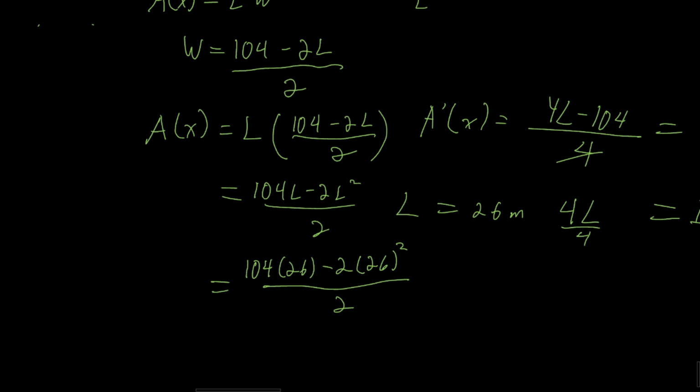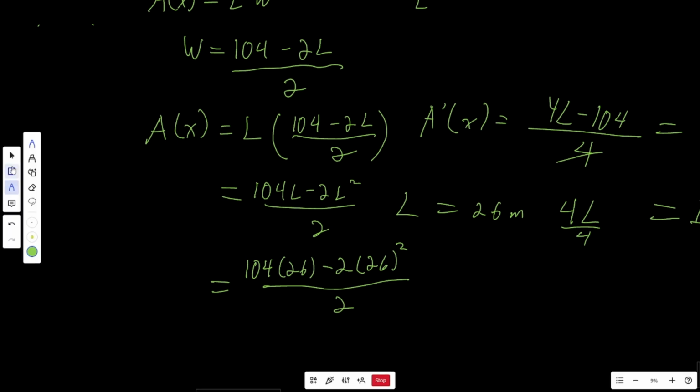Okay, negative 1352 plus 26 times 104 divided by 2. So that should be, according to my calculator here, 676.